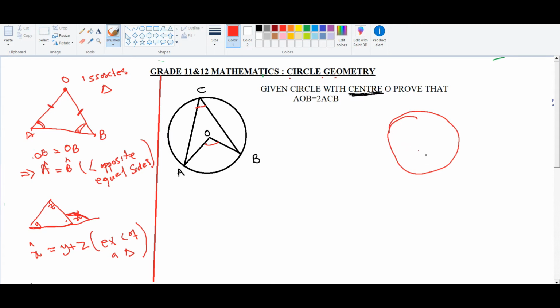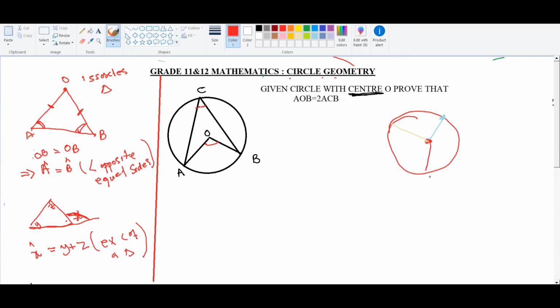If you have a circle, and from the center you draw lines to the circumference, you choose to draw all the lines from your center exactly to your circumference, all your favorite lines.